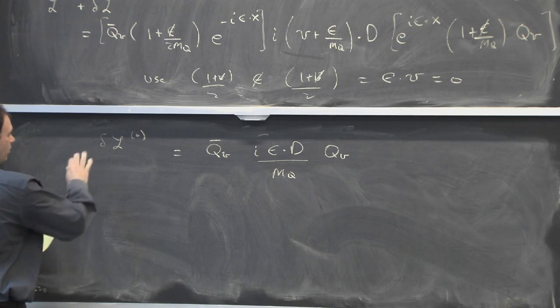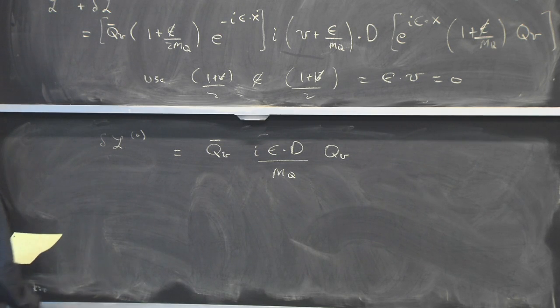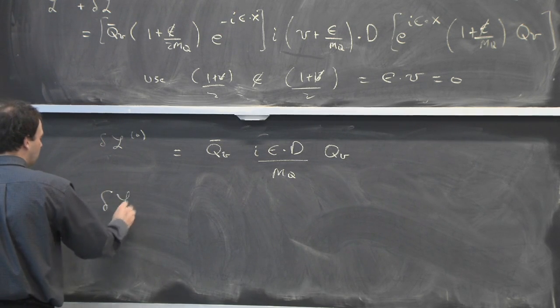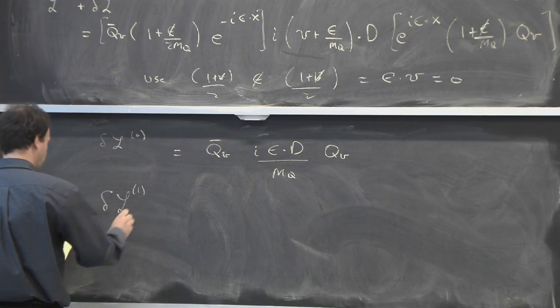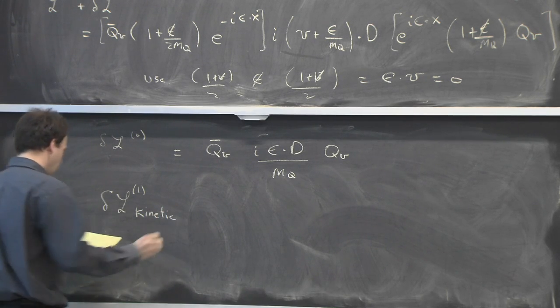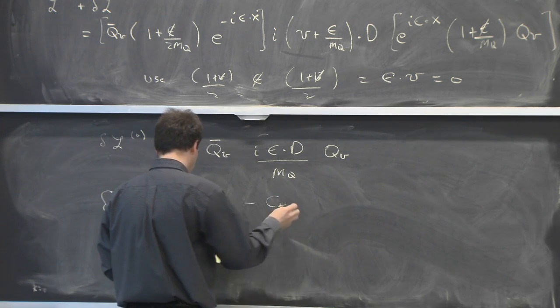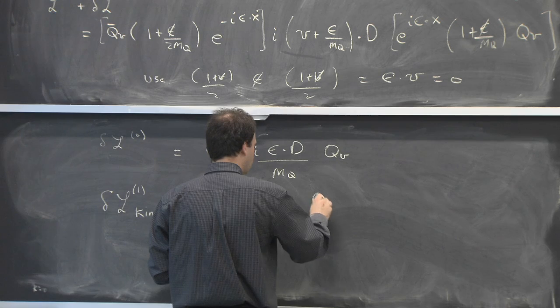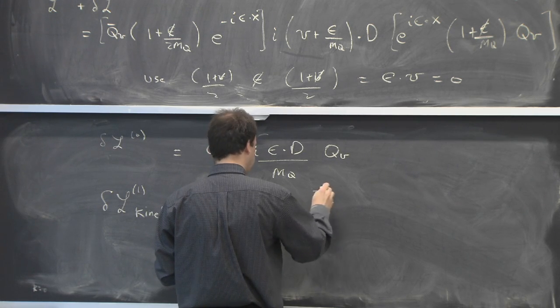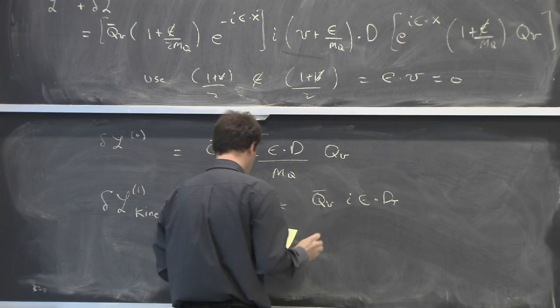And if you look at this, it has to cancel against something that's order 1 over MQ. And if you look at the terms that we had at order 1 over MQ, there was a kinetic piece. We called it the kinetic energy piece. And if we do the change there, there is a contribution from the phase in this case, because we had transverse derivatives. So we can have epsilon dot D transverse. That's non-zero.